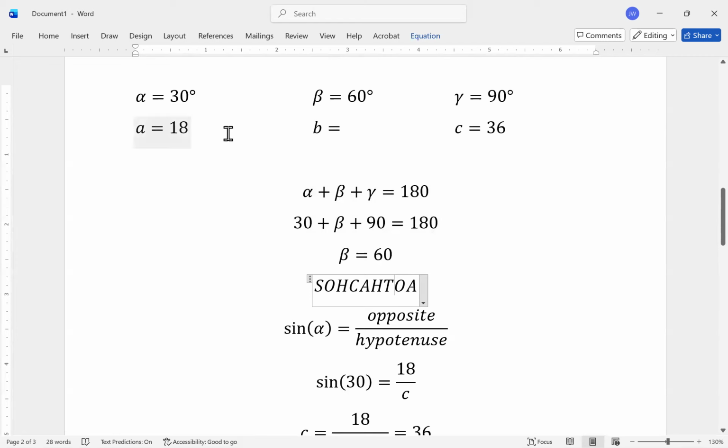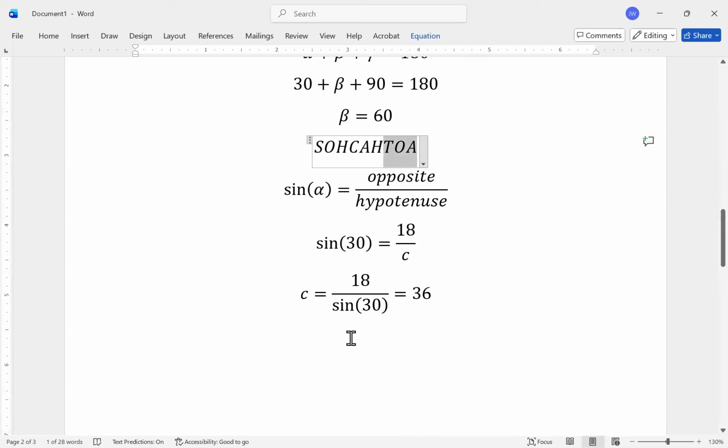Now that I know the A and the C, I can either use the cosine part of SOHCAHTOA or I can use the tangent part of SOHCAHTOA if I want. So let's use the tangent part. I'll use tangent of alpha.